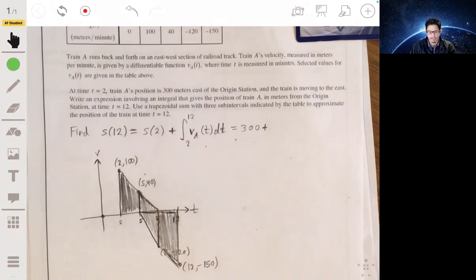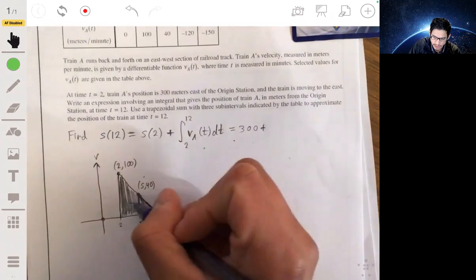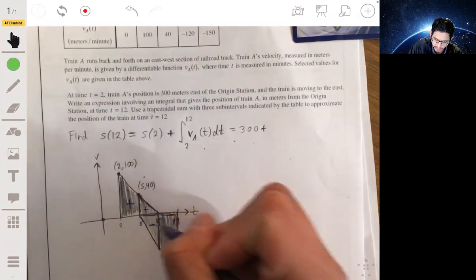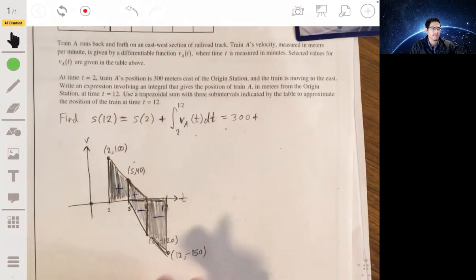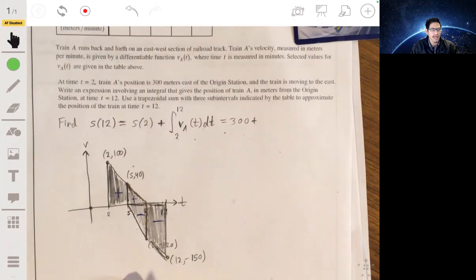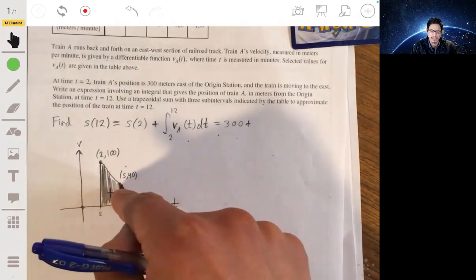Some will be positive quantities, some negative. We just find the average across each interval.